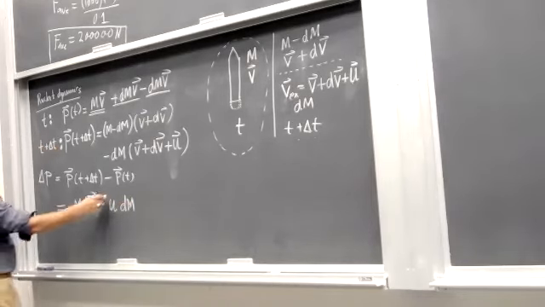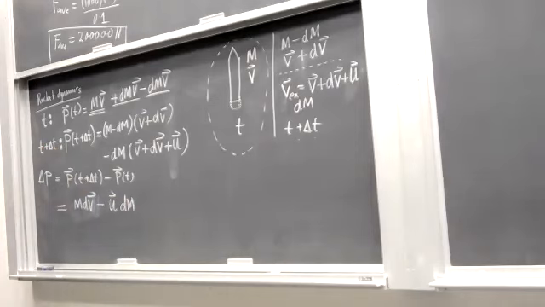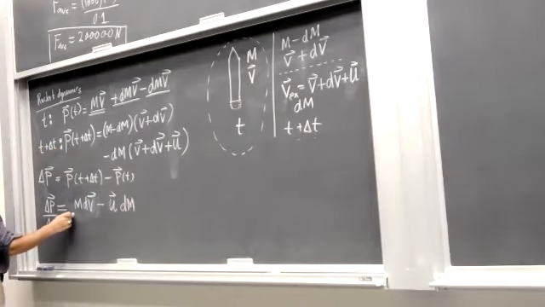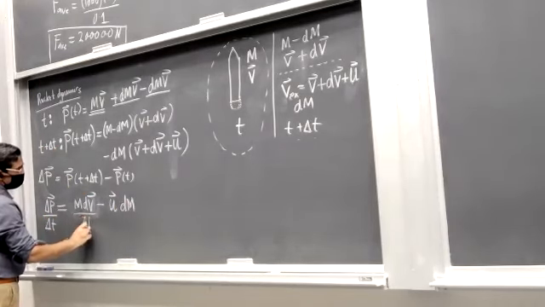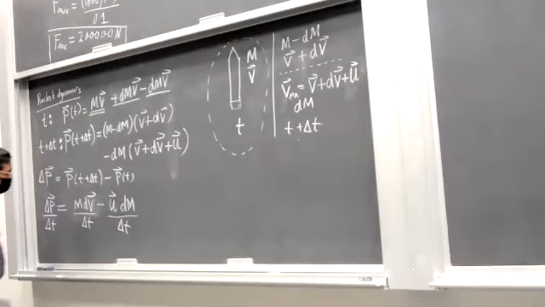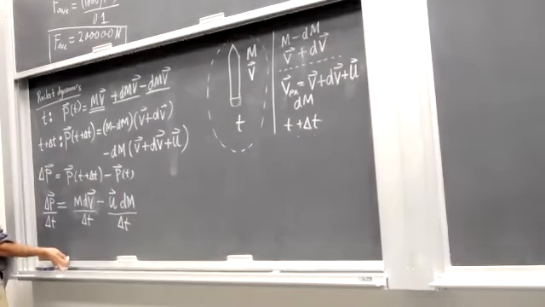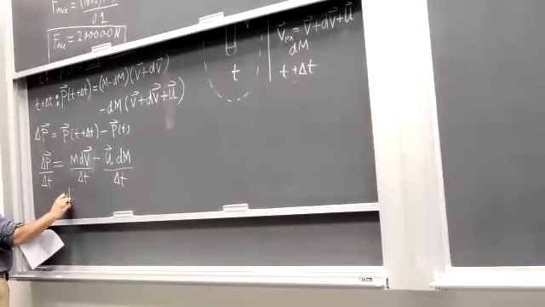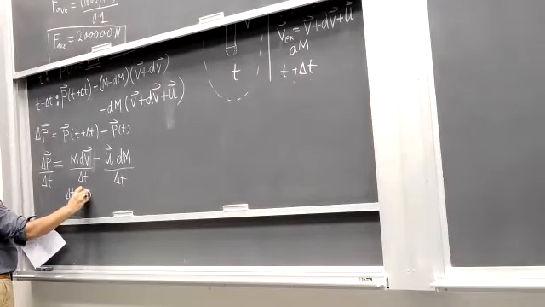ठीक है, राइट। Okay, now let's divide the whole equation by delta t, and then take the limit delta t very, very small, or delta t going to 0.